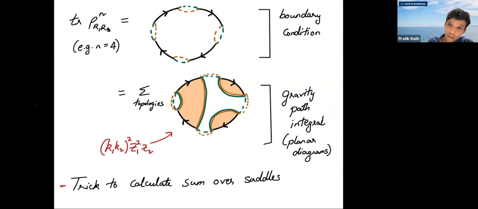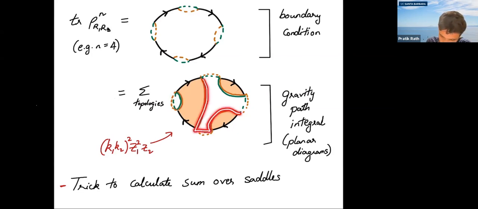And if we try to do this on the gravity side, essentially what we do is sum over different topologies. So for example, I've drawn one topology here where 2 of the boundaries are connected together, and there are 2 of them which are disconnected and on their own. The calculation relies on just a few features. There are these index loops corresponding to the green and orange indices. There are 2 of them.